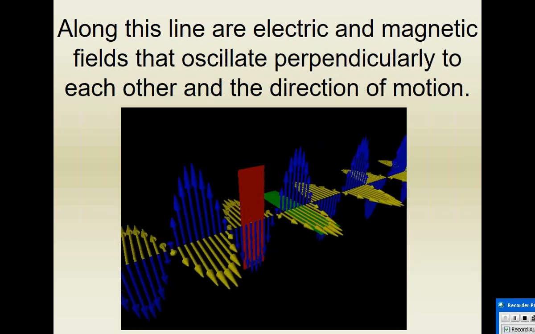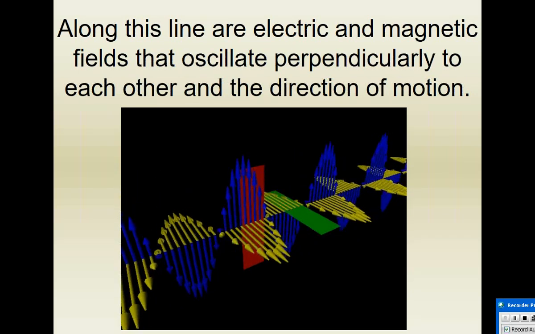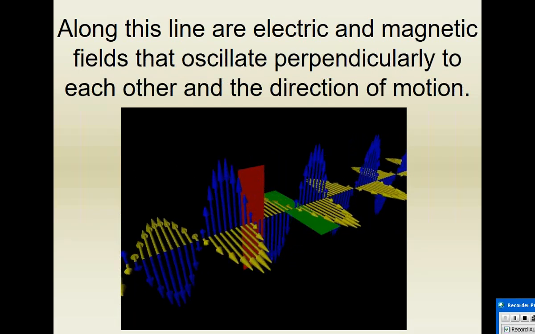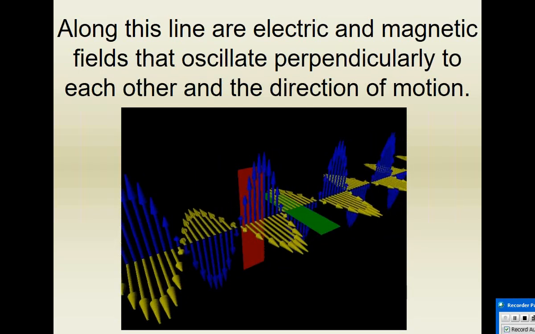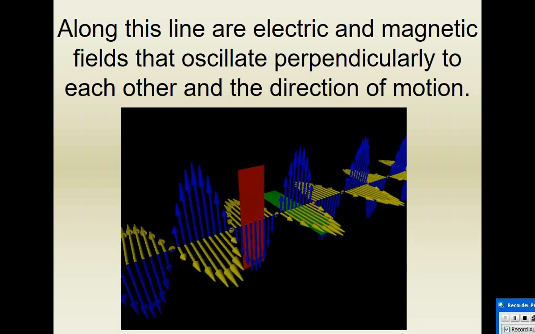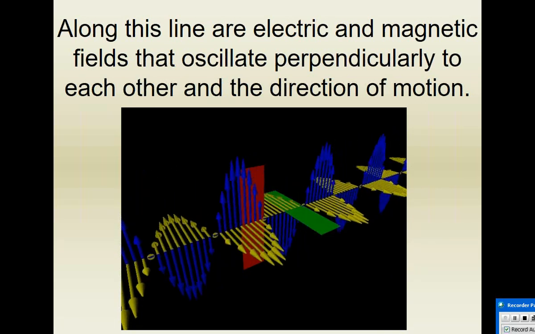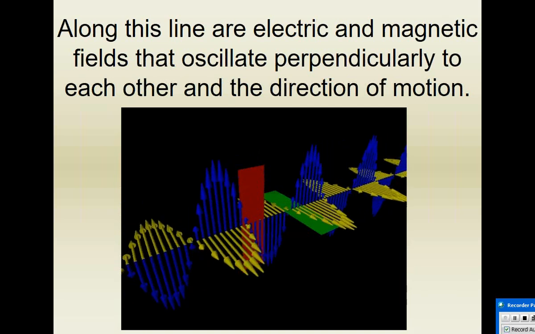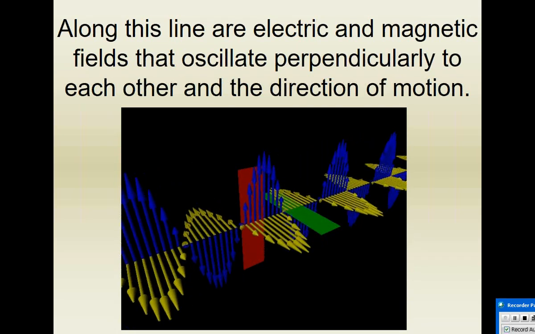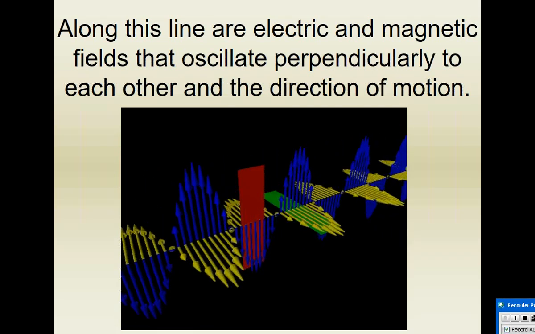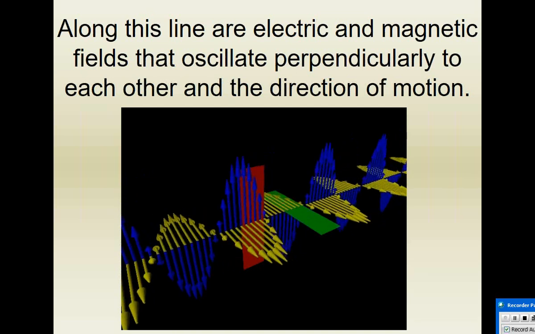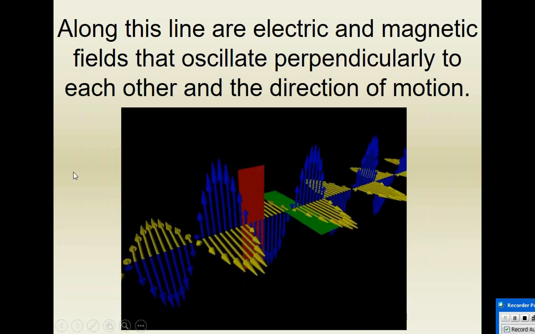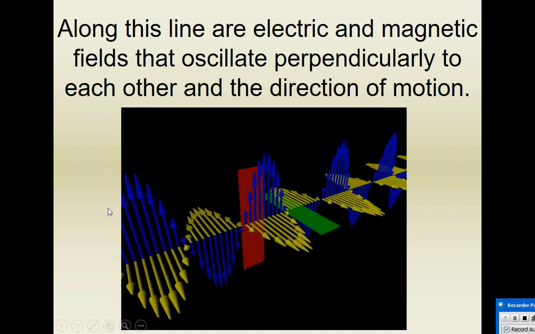It's going to be perpendicular to the direction of motion of the charge. Well, what we get is the direction of motion of the charge is parallel to the electric field. But the magnetic field is perpendicular to the direction of the charge's motion. Therefore, the magnetic field is perpendicular to the direction of the electric field associated with it. Hopefully that makes some sense as to why they're perpendicular to each other.